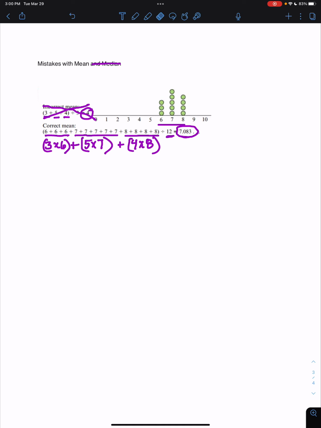So be careful when you're calculating the mean that you correctly reflect all of the data in your calculations.